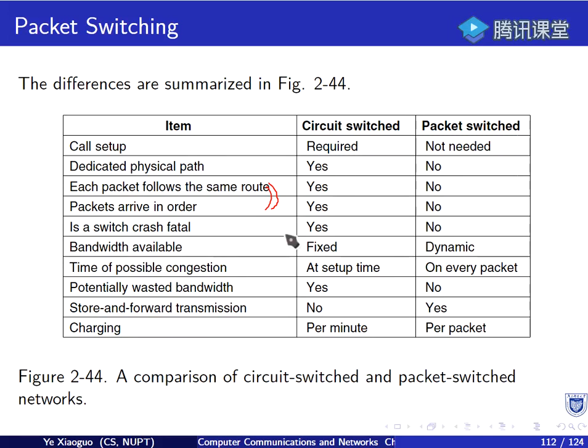For circuit switching, wasted bandwidth, yes, but for packet switching, potentially wasted bandwidth is no. Possible congestion occurs at different times. For circuit switching, possible congestion occurs at setup time.